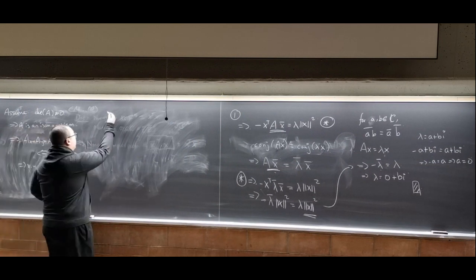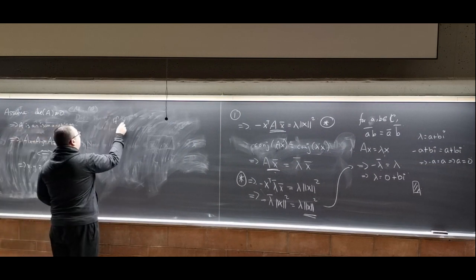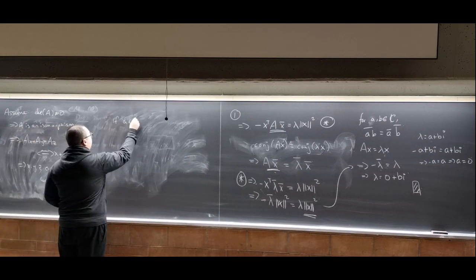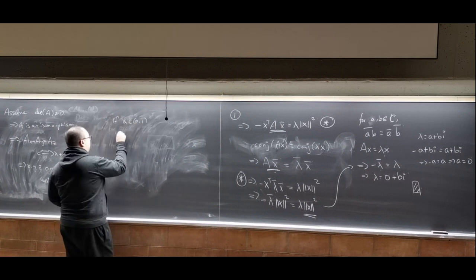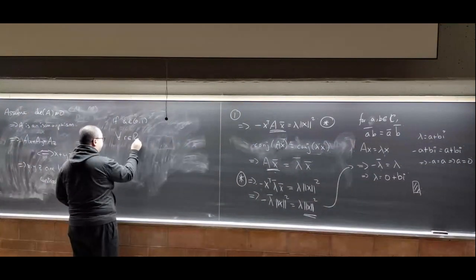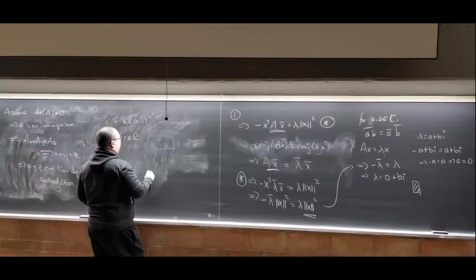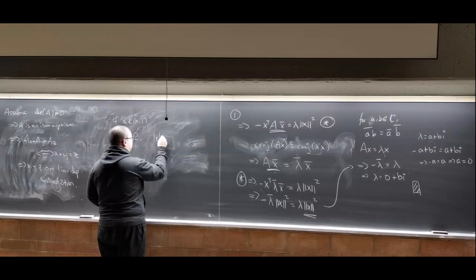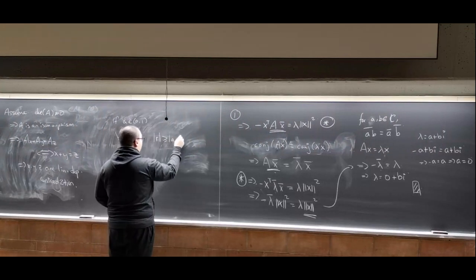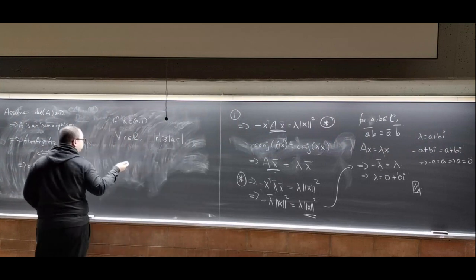Because what we do know is that if A is between 0 and 1, then for all real numbers R, the absolute value of the number itself is going to be greater than or equal to A times R. That's just how that works.